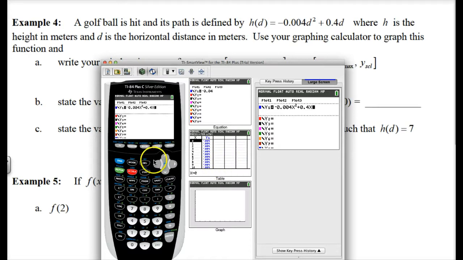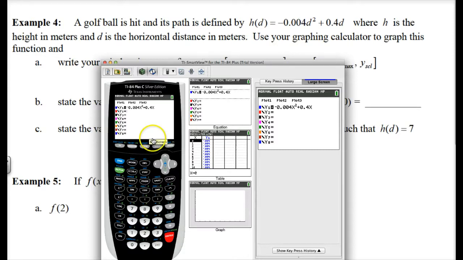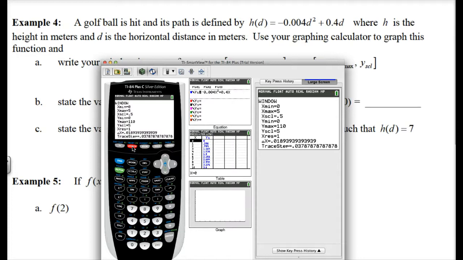Now we need to get a window for this, right? So let's go to window. The horizontal distance will go from 0 to wherever this thing lands. I don't know how far is reasonable to hit a golf ball.